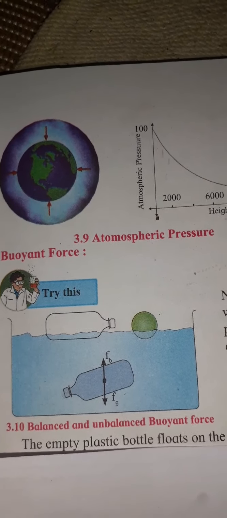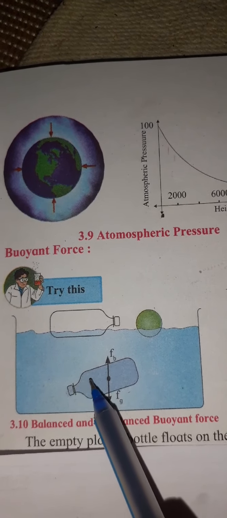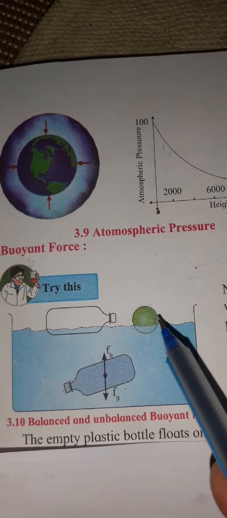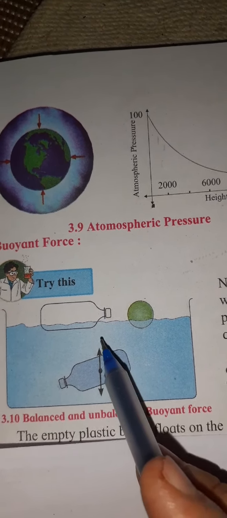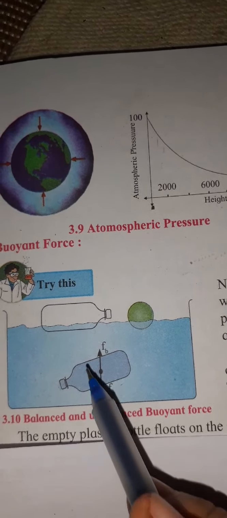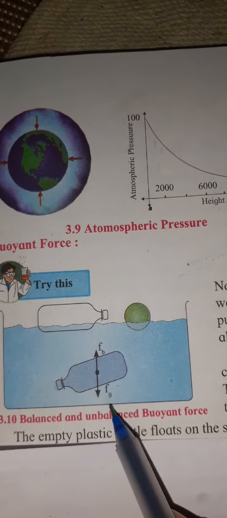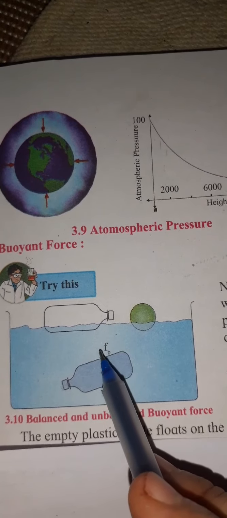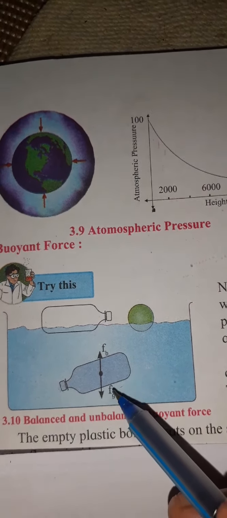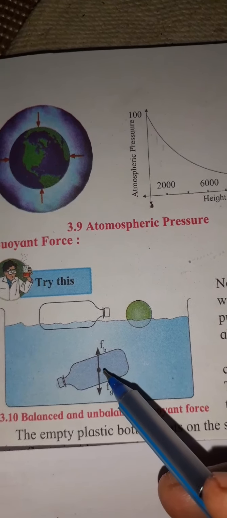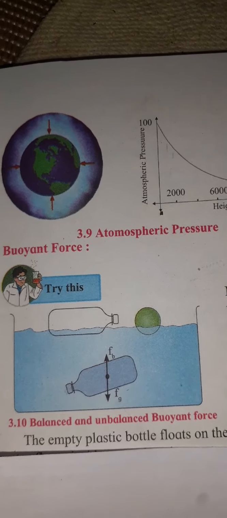Okay, now why does this happen? Because buoyant force is exerted by this water. There is a gravitational force which pulls this bottle downwards, and the buoyant force in the water tries to push the bottle in the upward direction. So at this level, in the case of this bottle filled with water, the gravitational force and the buoyant force become equal.